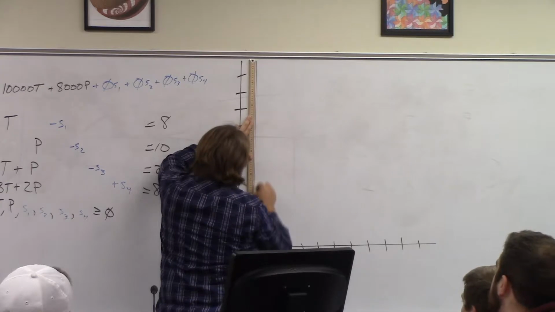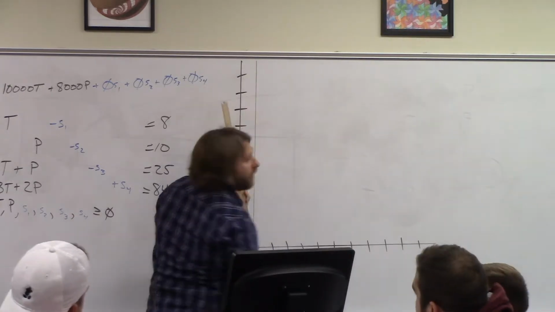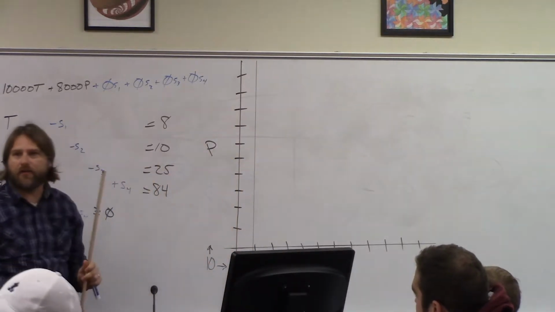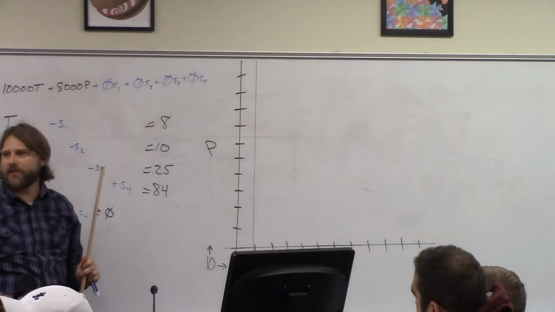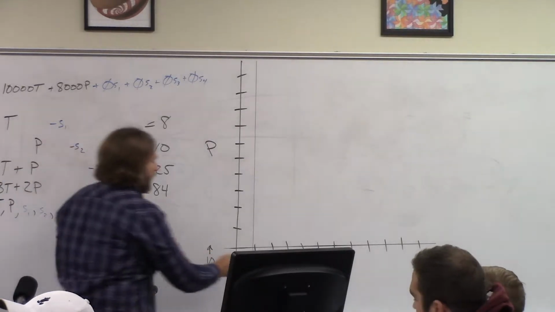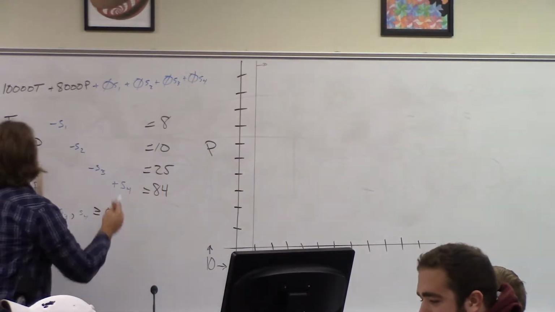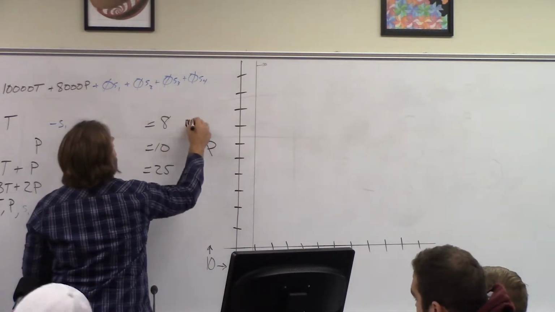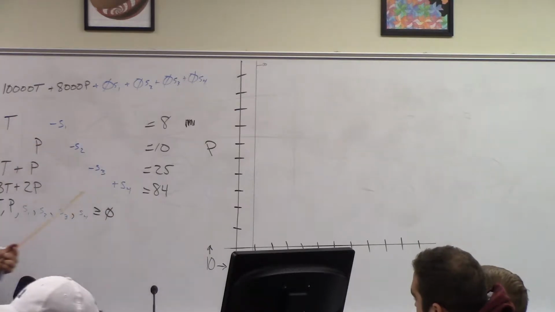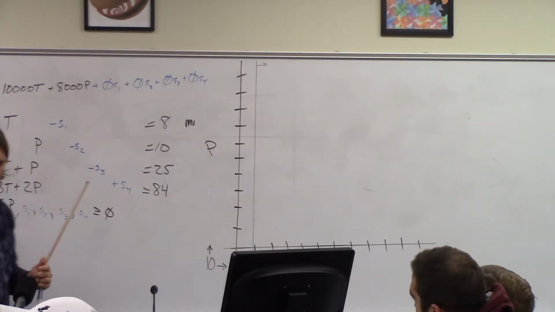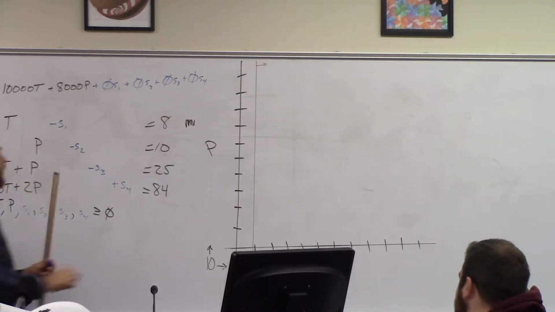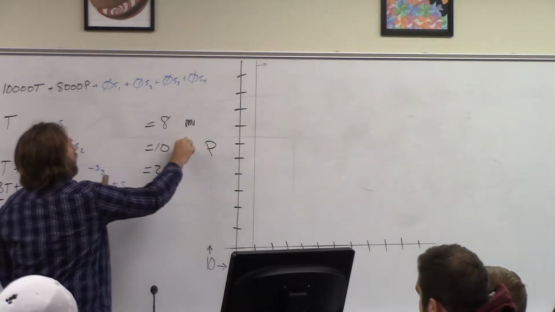And what direction was the greater than or equal going to refer to? Where was the feasible region going to be? To the right here. I'm oftentimes going to mark it this way, so it's really easy for me to remember which line is which. Okay, so we'll do our next line here.